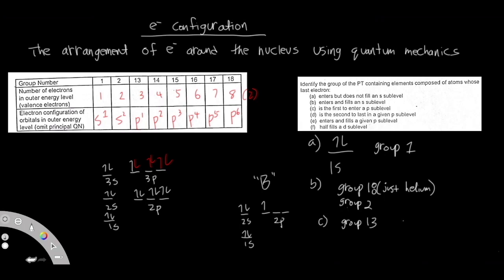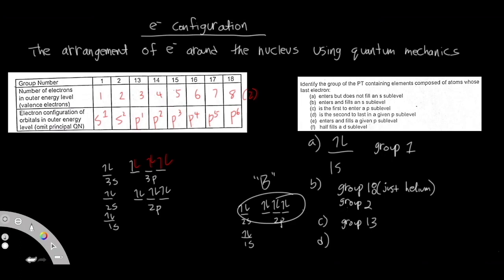Okay. Next. D is the second to last in a given P sublevel. So second to last. This here, we can add more. This here would be the last one, because now they'll be completely filled. Remember how we cannot have more than 2 electrons filling an orbital.